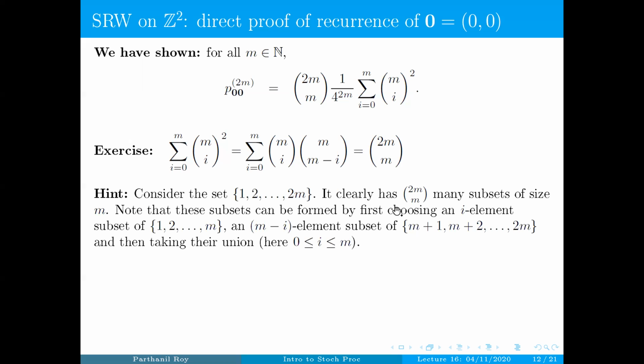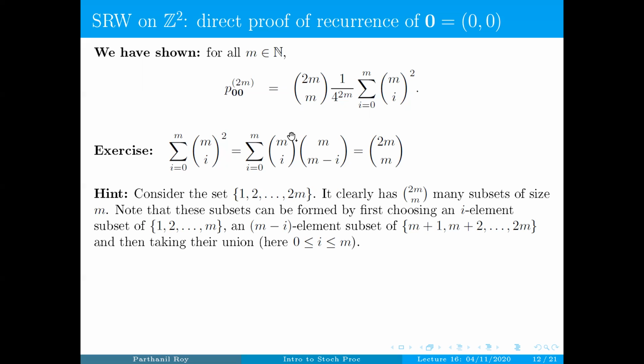You choose these two and then take the union, and that will give you an m-element subset. That's the only way you can choose an m-element subset: you have to choose i many from the first m and m minus i many from m plus 1 to 2m, and then combine them.